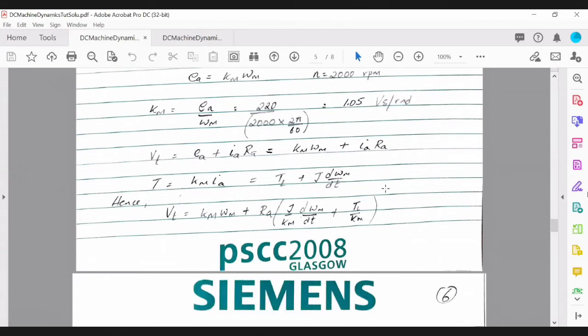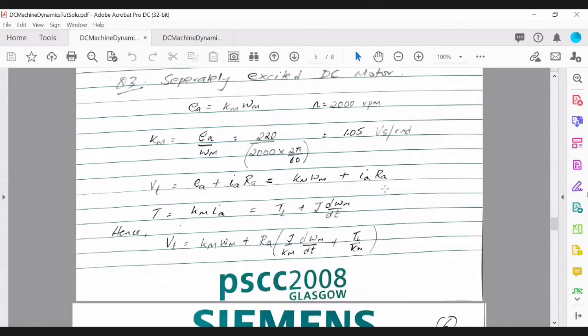So the terminal voltage for the motor will basically be the sum of the armature induced voltage plus the drop across the armature. So we end up with Km omega m plus Ia Ra, and the total torque on the motor is the sum of the load torque and the inertia of the motor times d omega by dt, right?